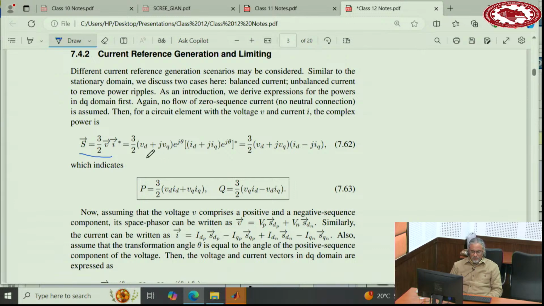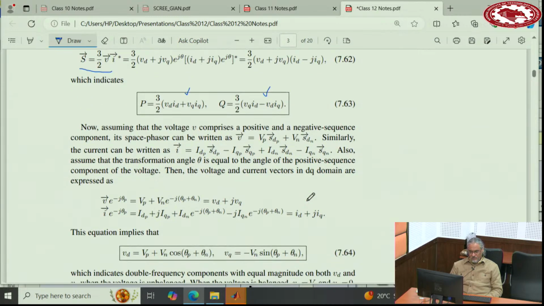Now in terms of dq, it will be the same because one of them will have e to the j theta, one of them will have e to the negative j theta, and they cancel each other. So these equations are valid also. VdId plus VqIq for the real power, VqId minus VdIq for the reactive power. We have them. So I'm going to use these equations to derive expressions for powers.